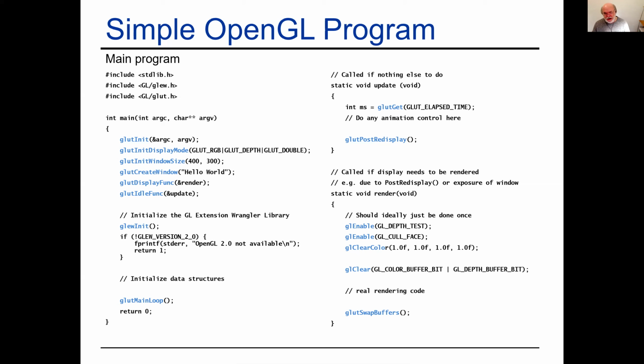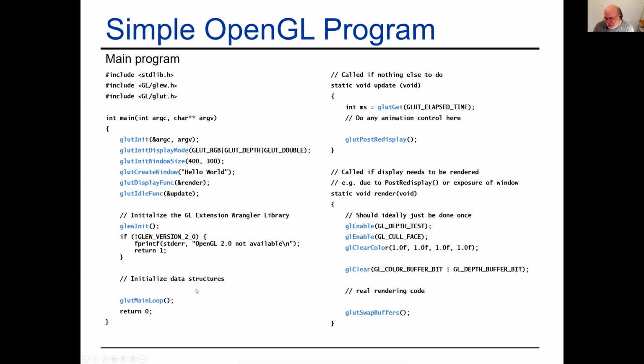But on top of that, there can be extensions that are there or might not be there, and dealing with them is a little bit tricky. And so the extension Wrangler library, which is open source, allows us to do things much simpler. In this case here, we just use it to make sure that we get the right version of OpenGL, at least 2.0.